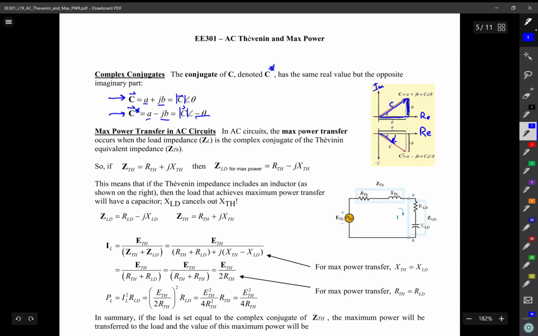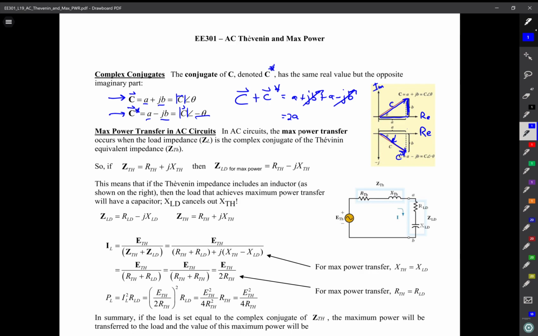So in this case, C is going down in the fourth quadrant, where C complex conjugate is right there, A minus jB. And when I add the two vectors together, C plus the complex conjugate of C, that would equal A plus jB plus A minus jB, where the imaginary parts will cancel. And this would leave me with 2 times A.